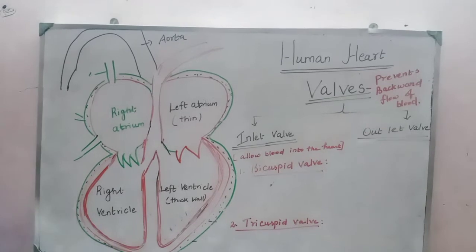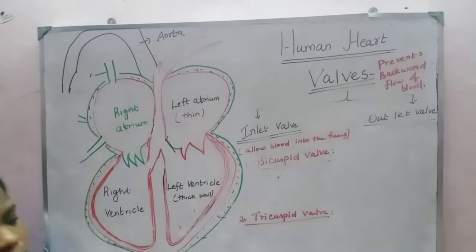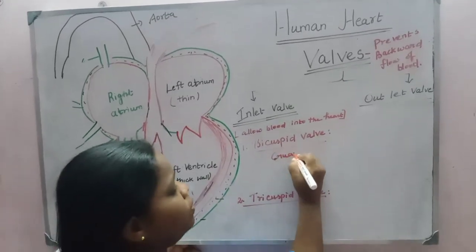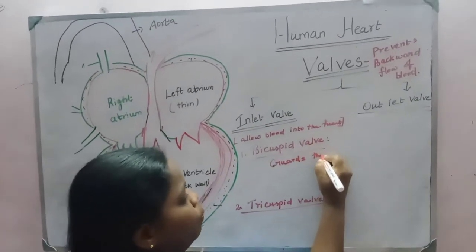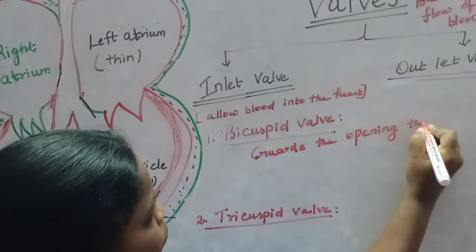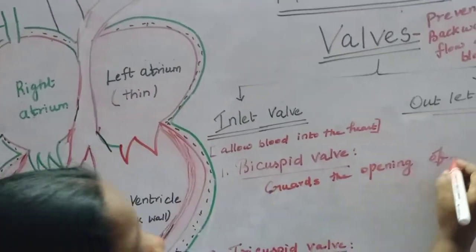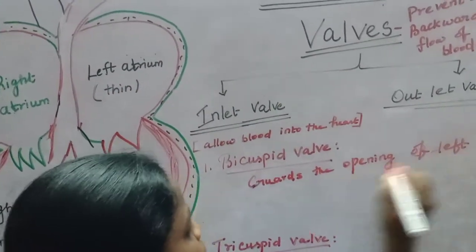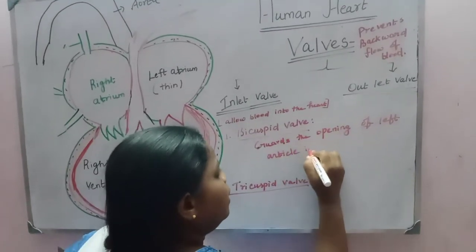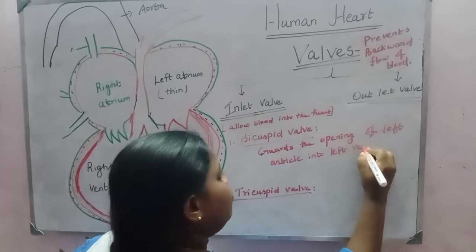So the bicuspid guards the opening of left auricle into left ventricle.